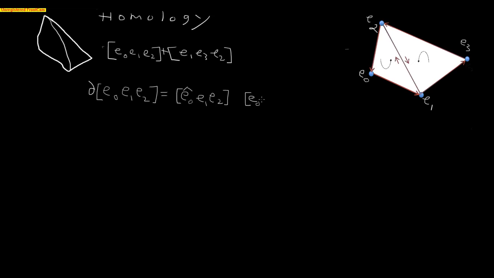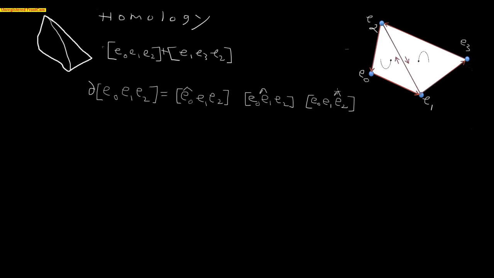Then [E0, E1, E2], I'm going to put a hat on the second one here, and [E0, E1, E2], I'm going to put a hat here on the third one.